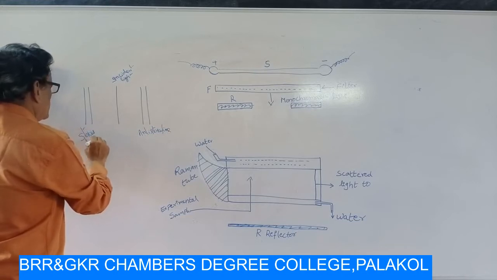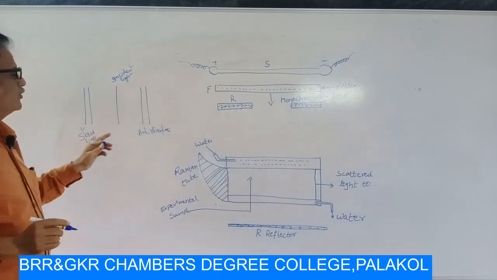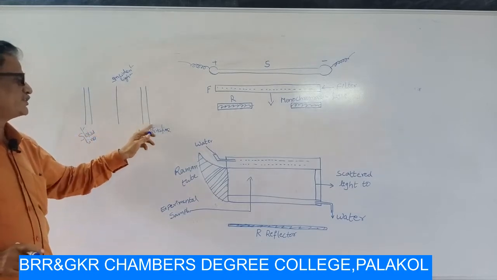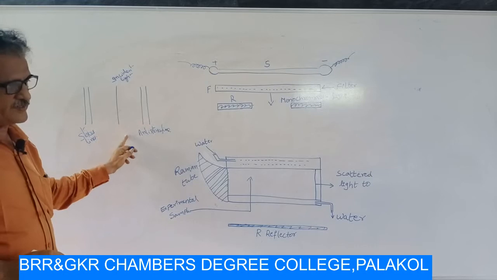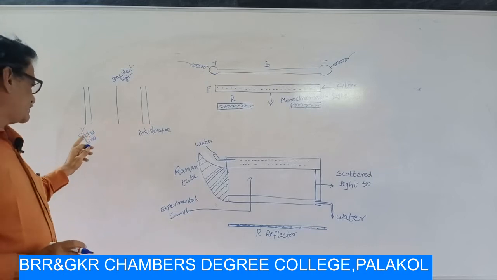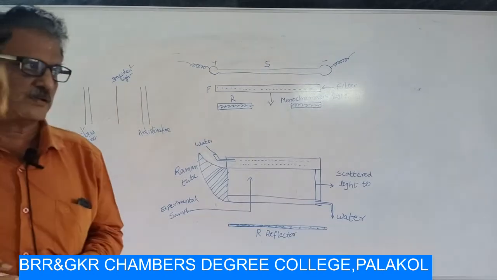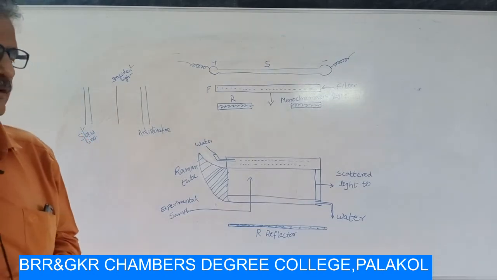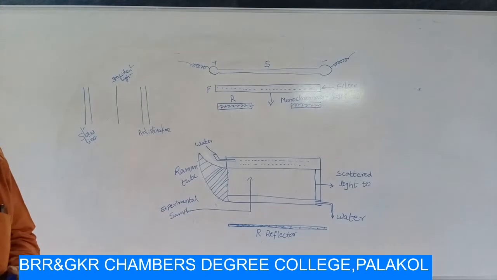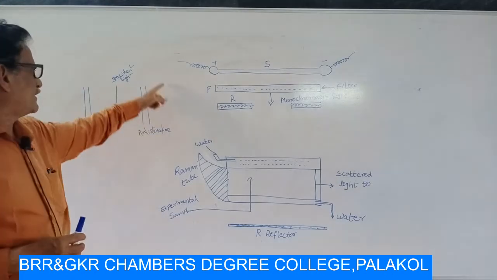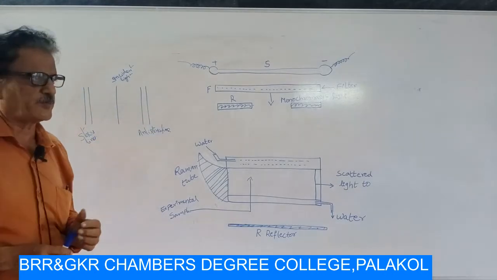The frequency of the anti-Stokes lines is greater than the frequency of the incident light, and the frequency of the Stokes lines is less than the frequency of the incident light. This is what is called the Raman spectrum.